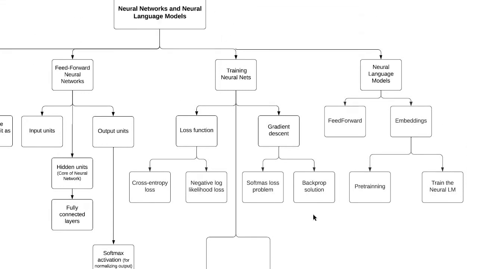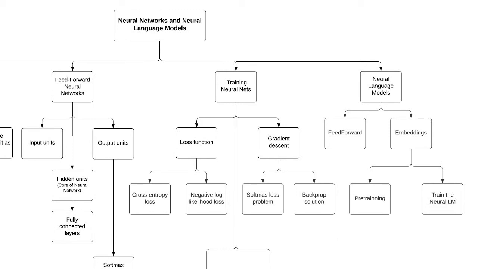After that, gradient descent. Gradient descent is a first order iterative optimization algorithm for finding a local minimum of a differentiable function, and it involves two parts: softmax loss and backpropagation.